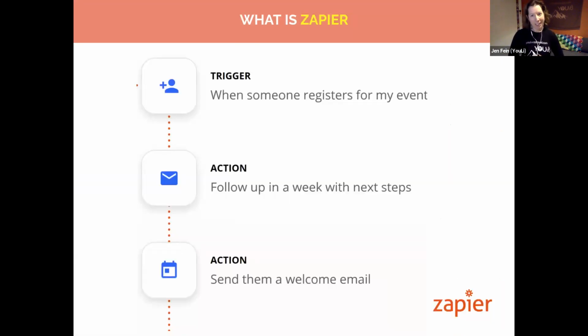Now I'm going to give Ellie a chance to talk about what Zapier is. Hi guys, it's been a while since I've been on one of our calls and it's so nice to be back. Love YouLi so much. Zapier, like YouLi, is a no-code platform, and we make it really easy for you to automate repetitive tasks that you have to do over and over again.